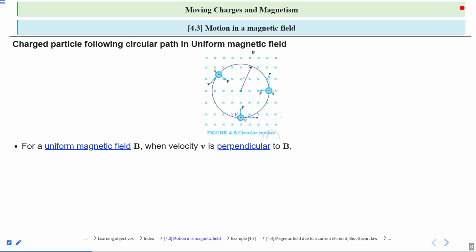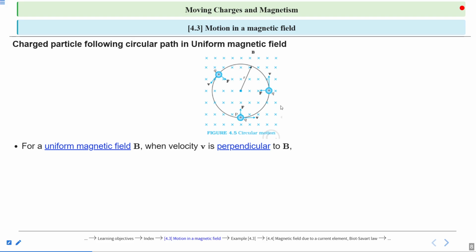So for a uniform magnetic field B, consider when velocity V is perpendicular to B. You can see in the diagram that the velocity is in the plane of the paper, or the plane of the screen. But these cross signs mean that the magnetic field is perpendicular to the plane of the paper and directed inwards.